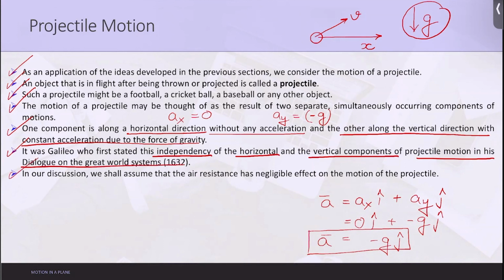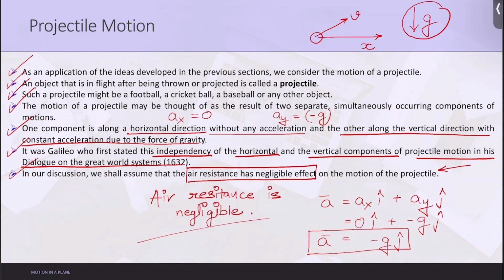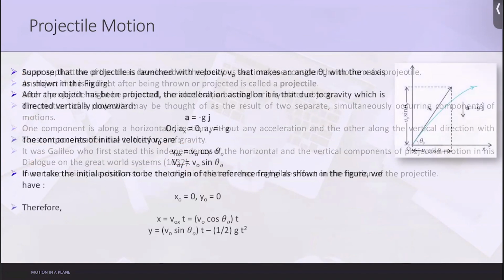In our discussion, please remember, a very important line: we will assume that air resistance has a negligible effect on the motion of the projectile. So the only external force considered is gravity, and nothing else of that sort. Please remember, this is one of the assumptions being put, that air resistance is negligible. Let's move on.